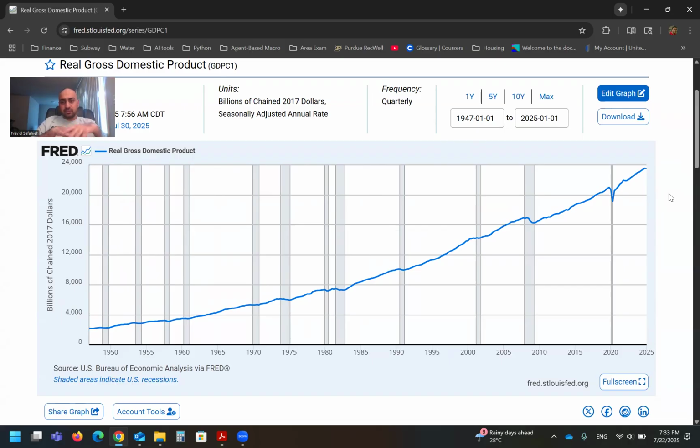When you see the graph and you zoom out, you will see that it has an upward slope and it is growing most of the time. But as you zoom in, you will notice that in some periods it has a downward slope and it is decreasing sometimes.